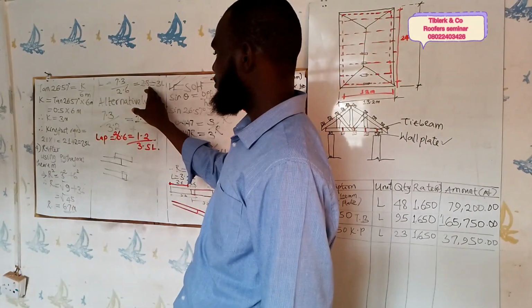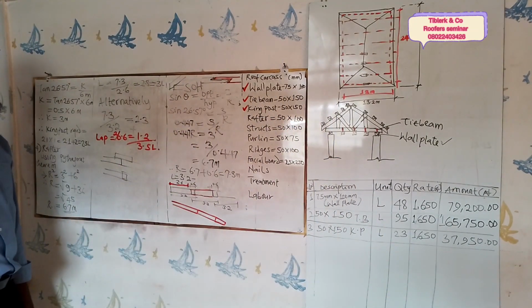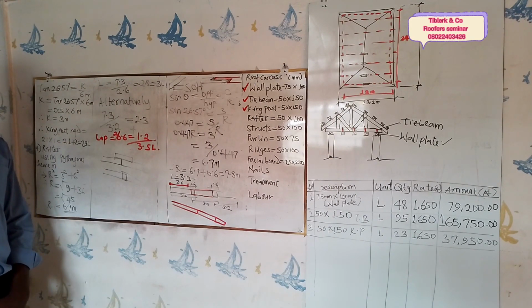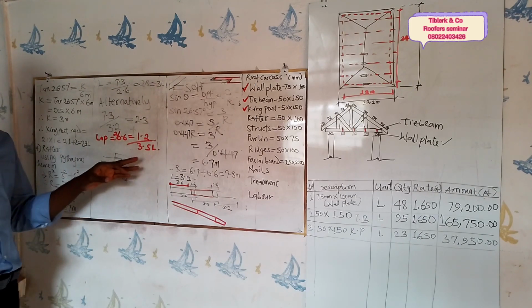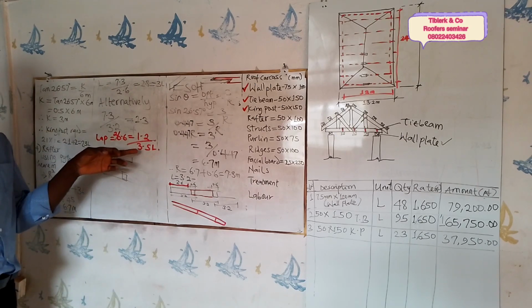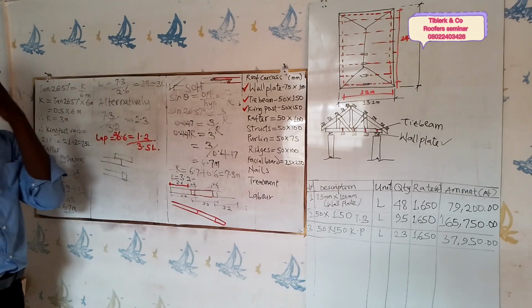Because with this we still achieve the required strength, I wouldn't want us to go for the external pattern. By the time we add half now, it will be 1 by both sides times 21.